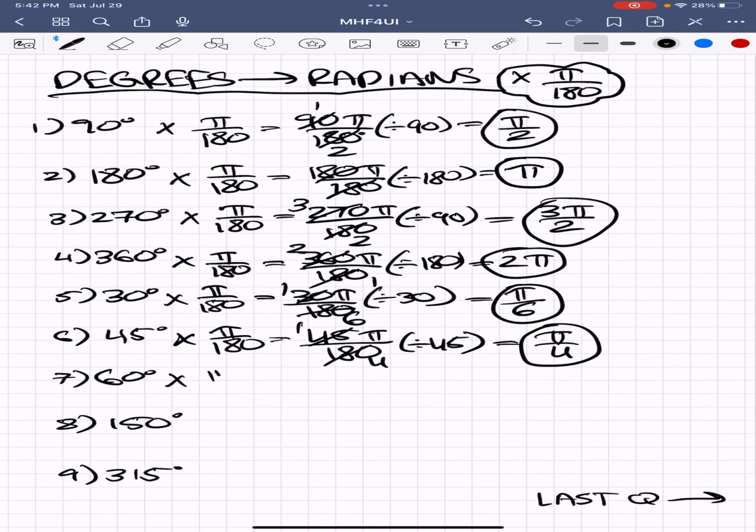We multiply by the conversion factor. And we're left with pi over 3.